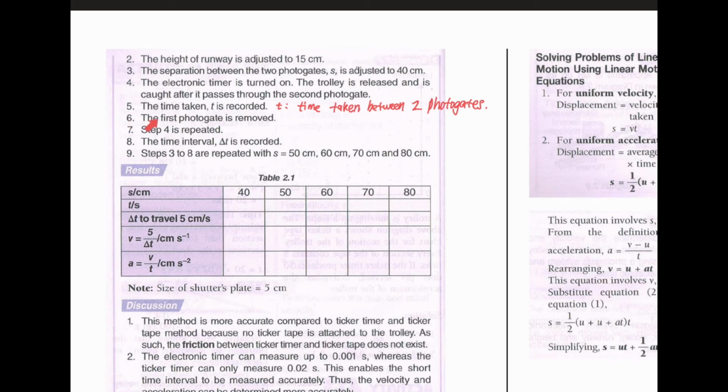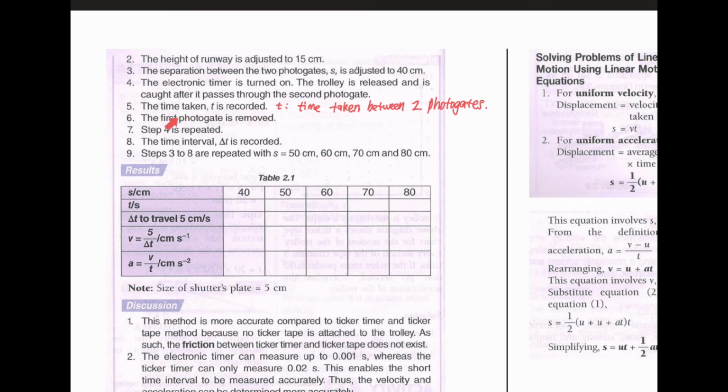Number 6, the first photo gate is removed. Okay, now we remove the first photo gate. The second photo gate remained. Step 4 is repeated. So you see step 4 again. The electronic timer is turned on. The trolley is released and is caught after it passes through the second photo gate.